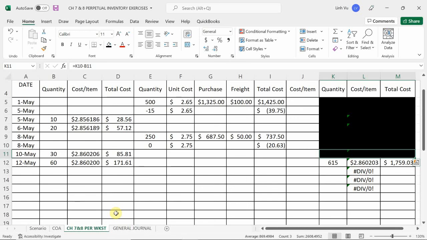In this case, you're just going to put it back and calculate it at what it cost you today, right now. So in this case, when I originally sold it on the 12th, it cost me $2.8620.